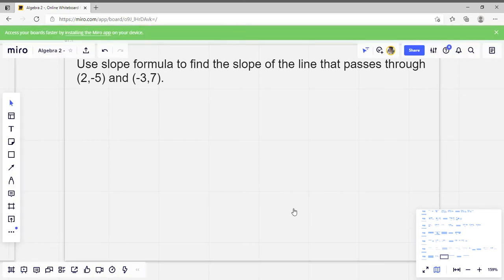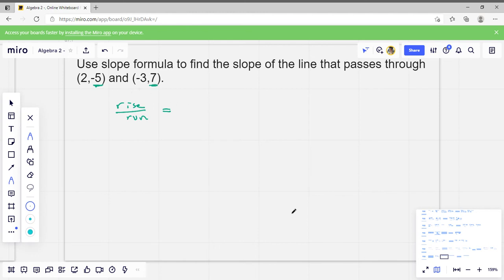Personally, I think you're better off not even trying to remember slope formula or think about it. I say just remember rise over run. Rise is going to be how much you went up and down. That's going to be your y. So how far did you go when you started at -5 and you went up to 7?